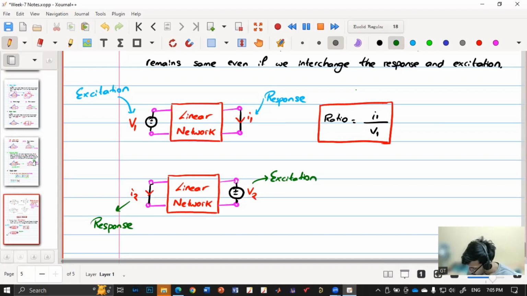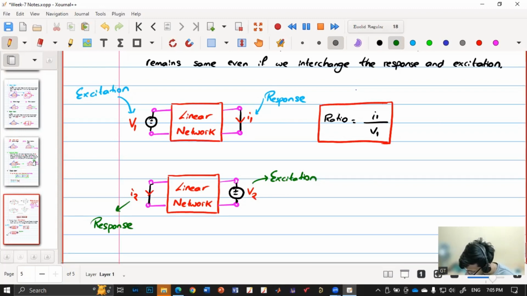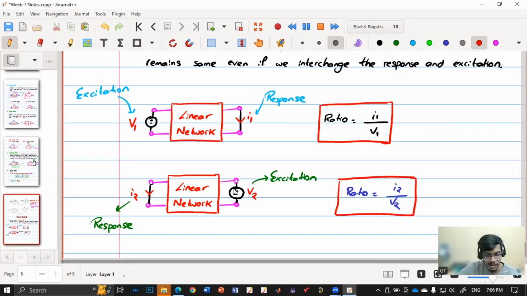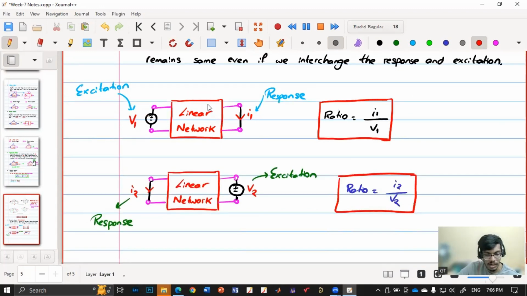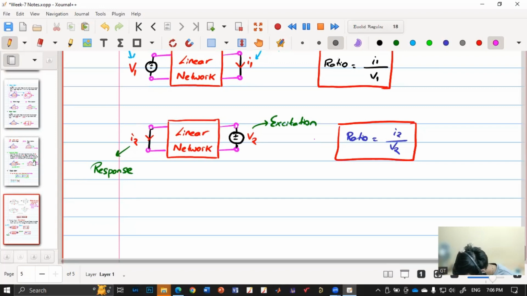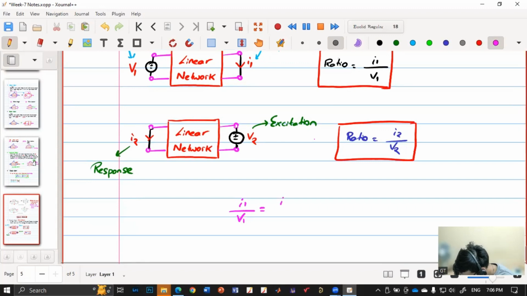The ratio is I2 by V2. The reciprocity theorem says if this ratio is the same, then that network is reciprocal. Assuming this network is reciprocal, these ratios will be the same, so I1 by V1 equals I2 by V2. We have excited it at two different ports. Again, this is a two-port network because it has two ports.